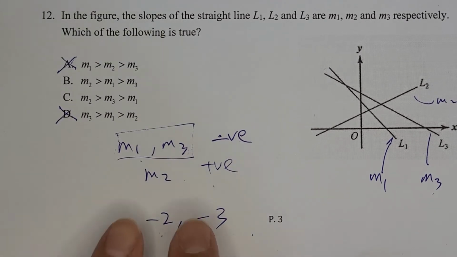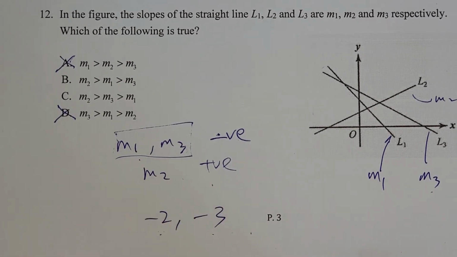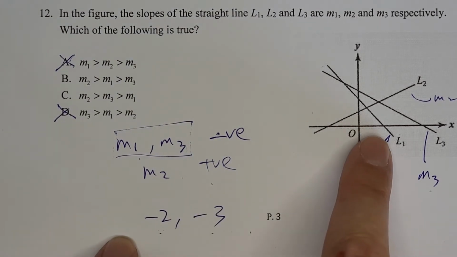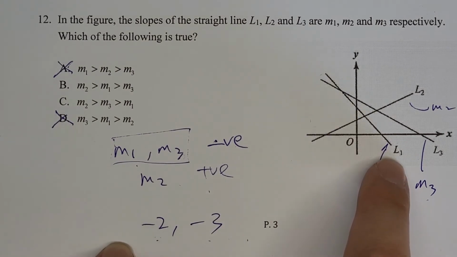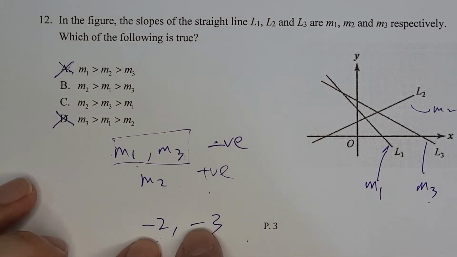If you just compare their magnitude, you may think 3 is bigger than 2. Correct in magnitude, but if you add the negative sign to each of them, -2 is bigger than -3. So you are not just observing the steepness of the straight line. You need to also consider the sign.